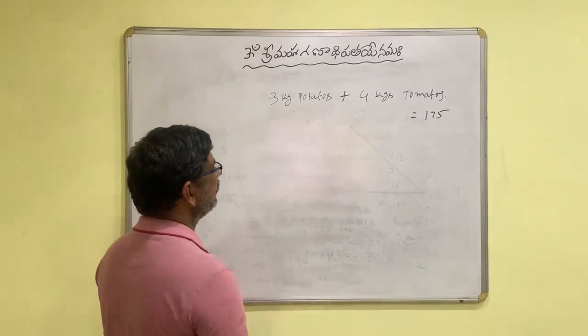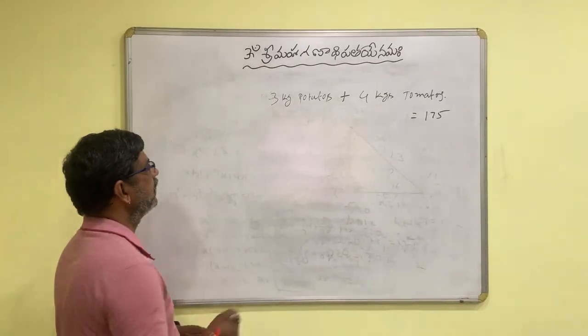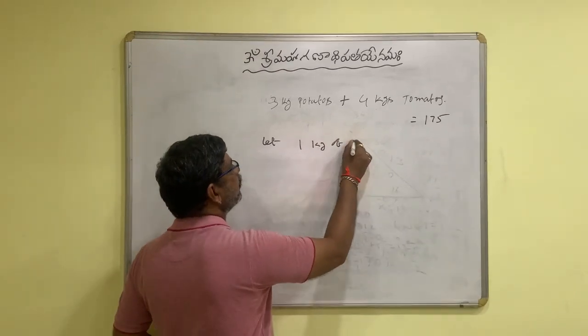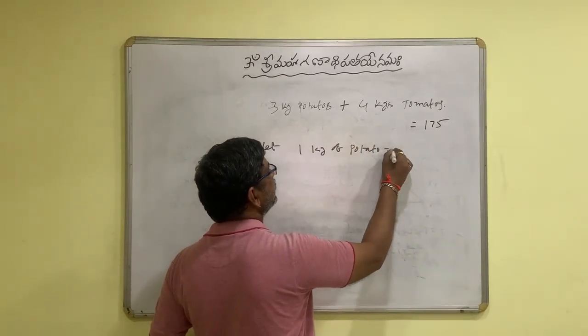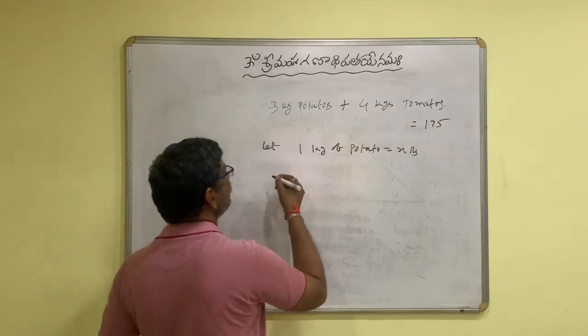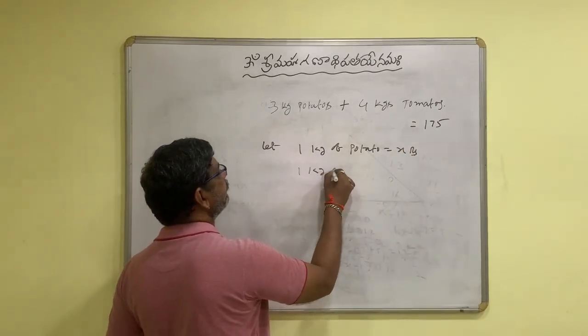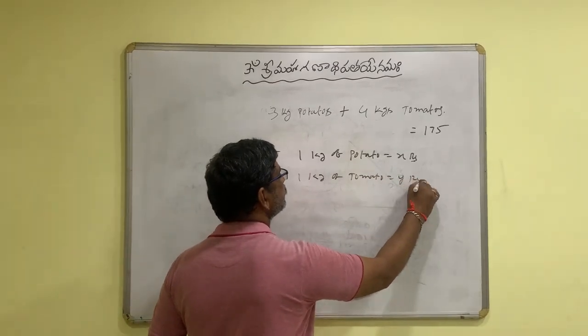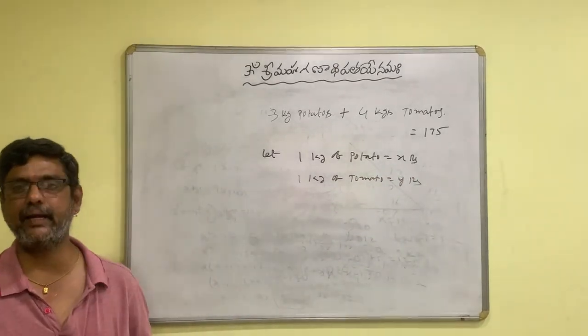What did Tejal do immediately? Let 1 kg of potato be X rupees and 1 kg of tomato be Y rupees.